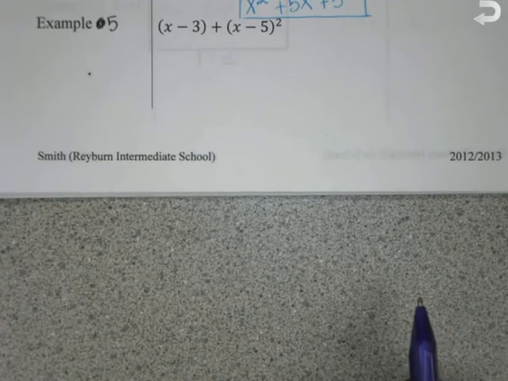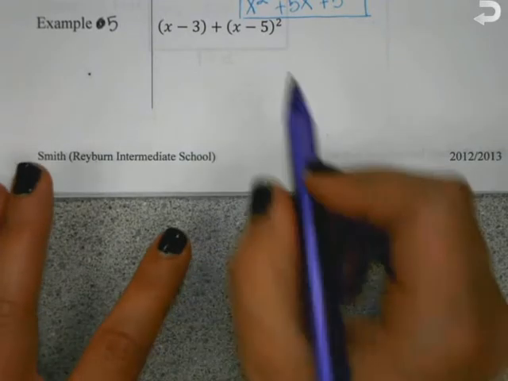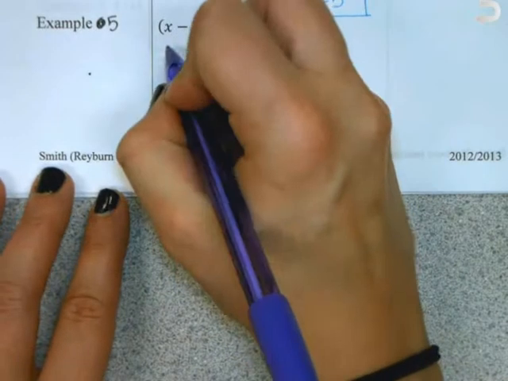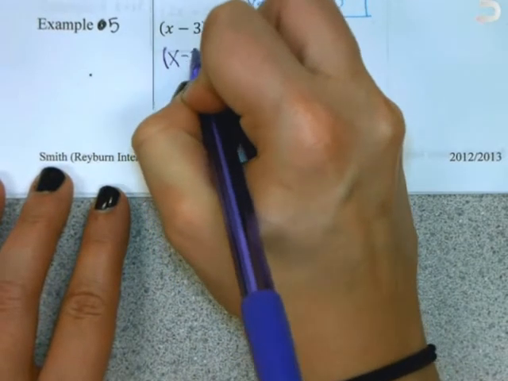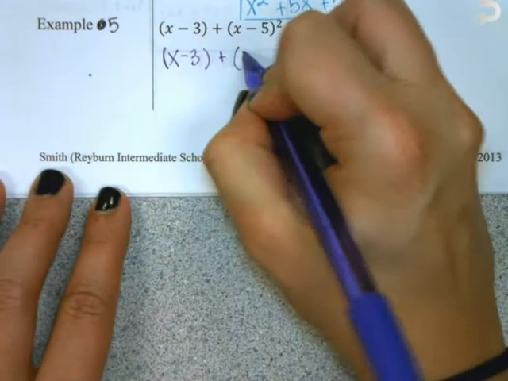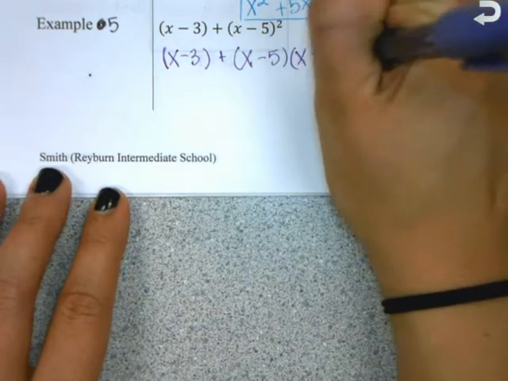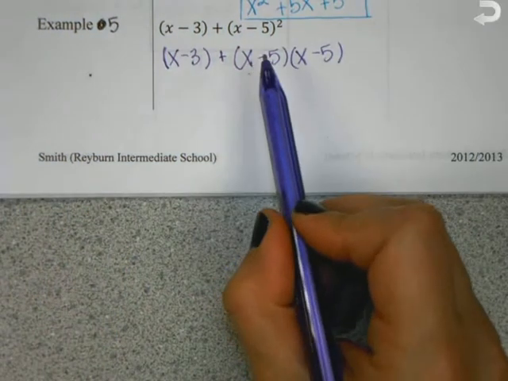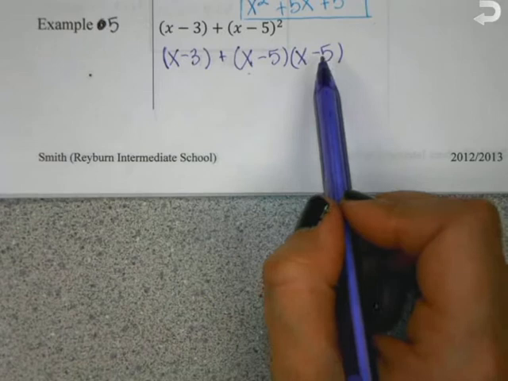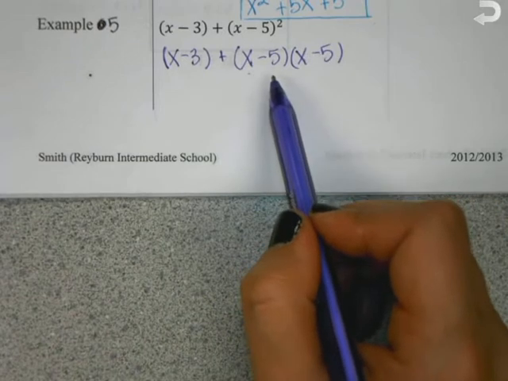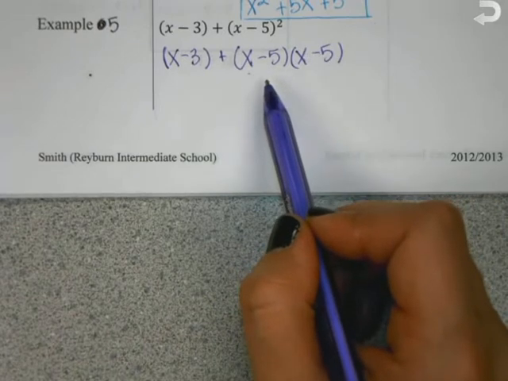So x minus 3 comes down, and I get plus x minus 5 times x minus 5. Okay, so now I need to do the x minus 5 times x minus 5. Which method did you use, box or FOIL? Stephanie. FOIL. Okay, so you're going to do FOIL for us then.